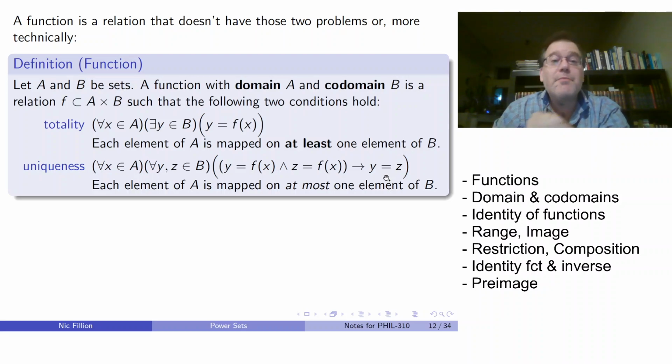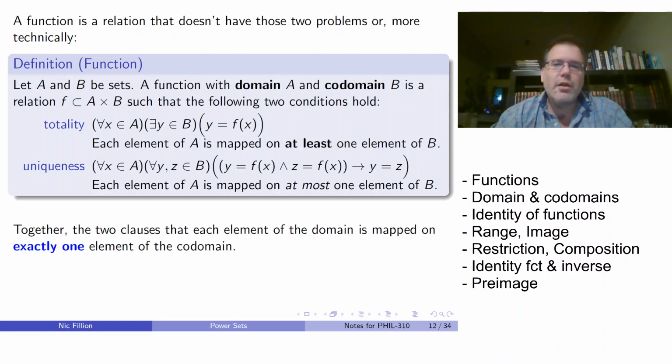That's a way of saying each element of A is mapped on at most one element of B. You'll remember when we were doing symbolizing in predicate logic, we talked about existence and uniqueness. We talked about things like there is a unique object with such and such a property. There were the existence and uniqueness parts. So here uniqueness is just the same idea that we exploited when we learned how to symbolize that sort of expression.